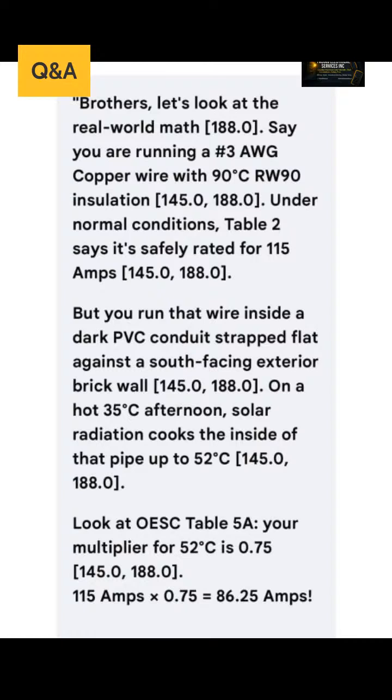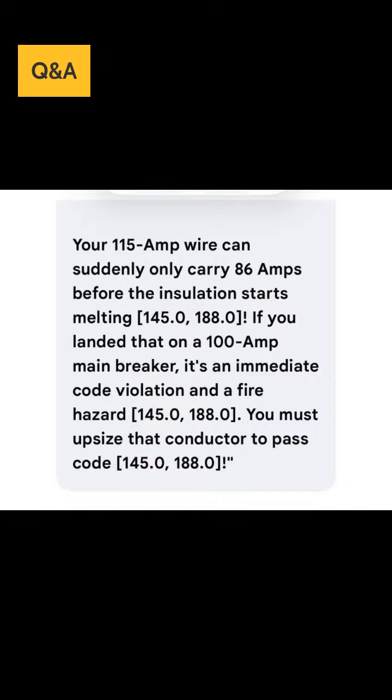But you run that wire inside a dark PVC conduit strapped flat against a south-facing exterior. Your 115 amp wire can suddenly only carry 6 amps before the insulation starts melting. If you landed that on a 100 amp main breaker, it's an immediate code violation and a fire hazard. You must upsize that conductor to pass code.